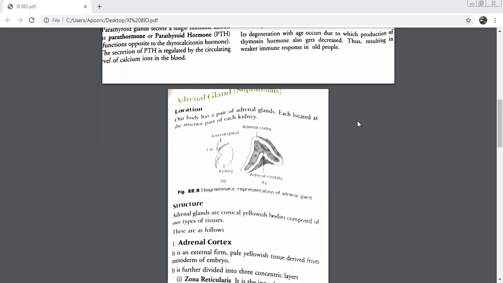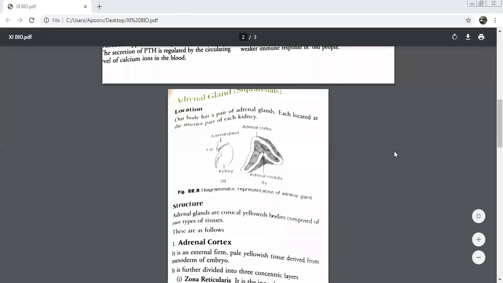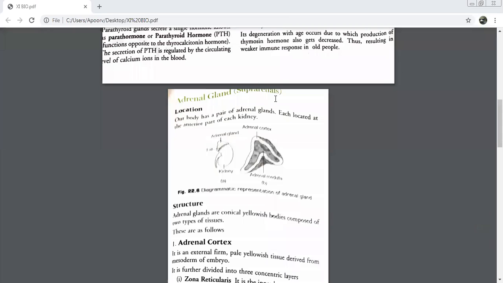Vaidehi, Prabhav and Ariba are also there. Yes, ma'am, 3 students are there. Now I can see, now it is showing. Earlier it was not coming. Yes, admit all.